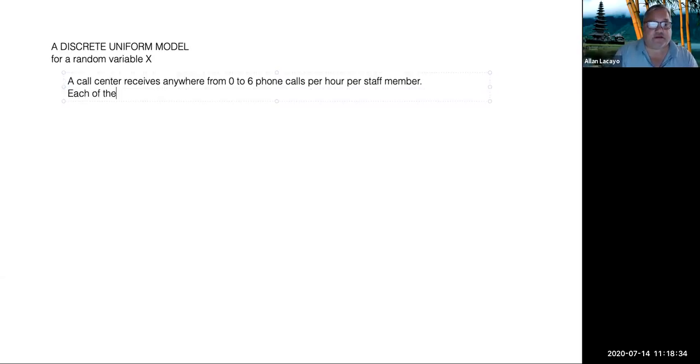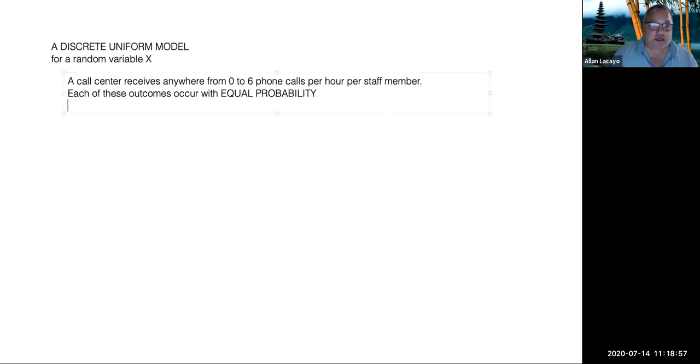Each of these outcomes occurs with equal probability. That's what a uniform model is. A model in which every possible outcome on the list of outcomes has an equal probability.